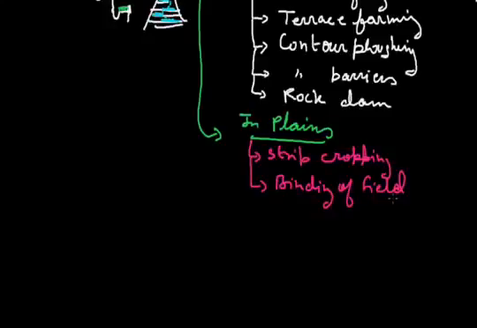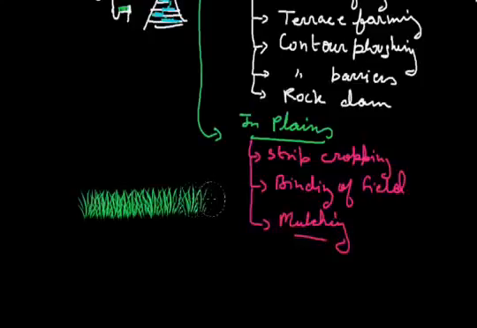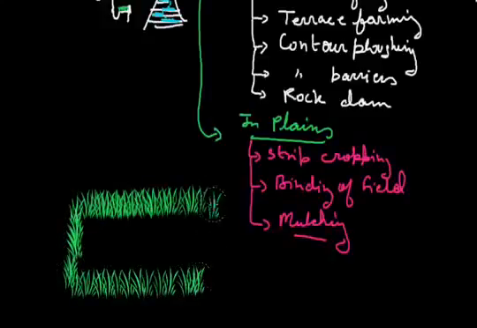It reduces gully erosion, as we say. Mulching. Mulching means to grow grass. So here we grow the grass in these particular areas. So now we can grow crops.